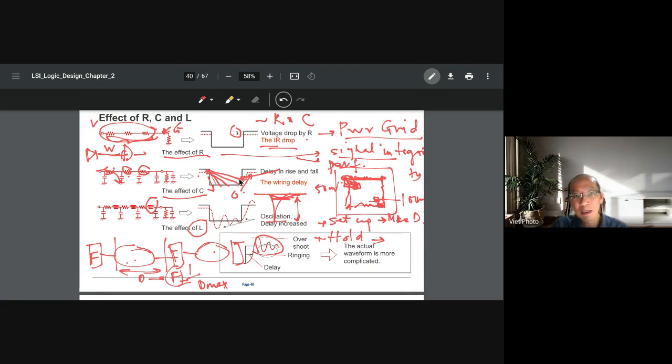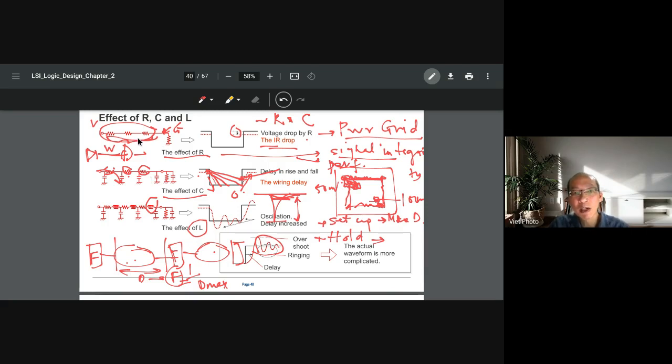At this point, I don't know if it's 0 or 1. Then it goes back to 1, right? So the signal seems to me to stay at 1 all the time, even though the input is like this.